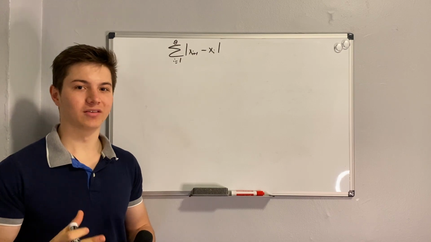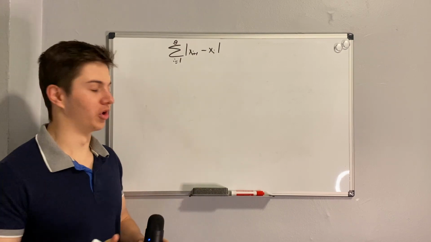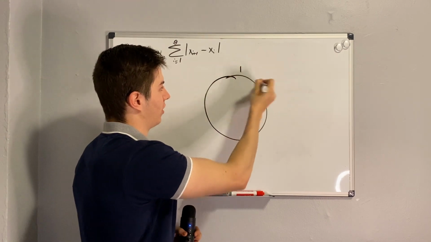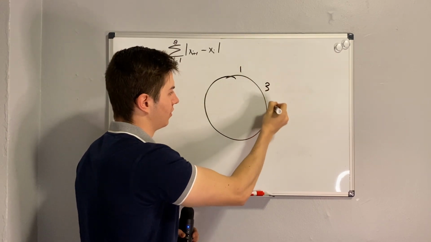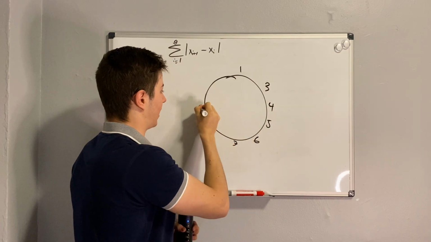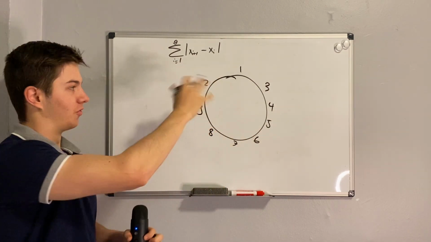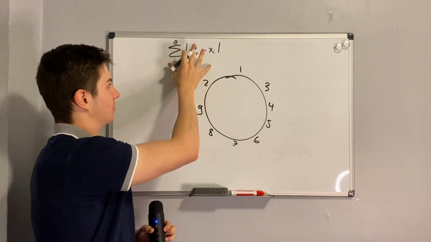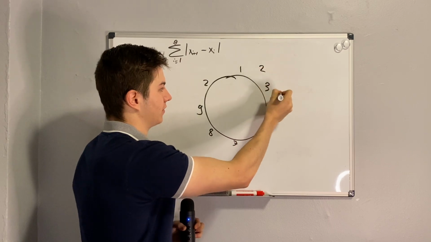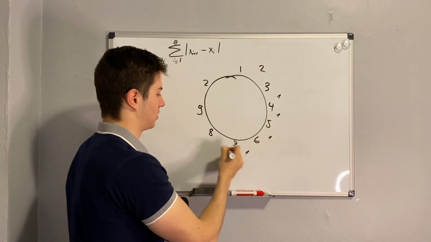All right, let's do a second example to illustrate another point. We can have our circle here, and take the numbers 1, skip 2, and have 3, 4, 5, 6, 7, 8, 9, and then put 2 on the other side of 1. Let's calculate the sum of absolute differences for this arrangement too. We have 2 right here, then 1's around the circle.